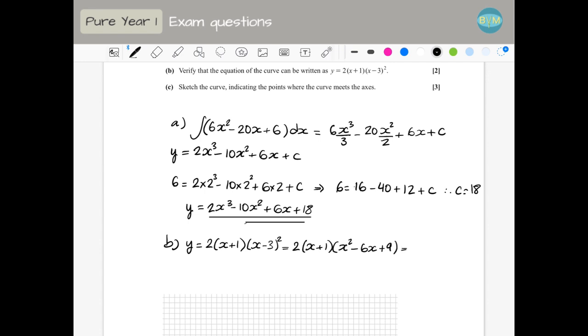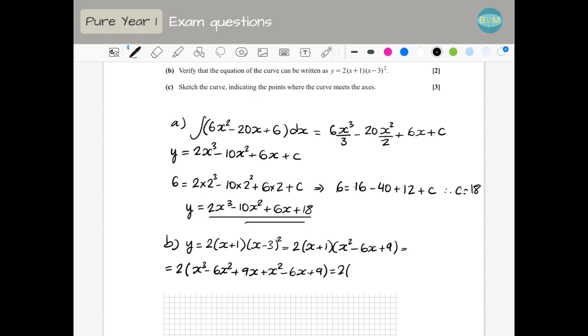Now I expand this other bracket, still leaving the 2. I multiply x by everything and then 1 by everything. So I have x cubed minus 6x squared plus 9x, and now I multiply the 1: x squared minus 6x plus 9.